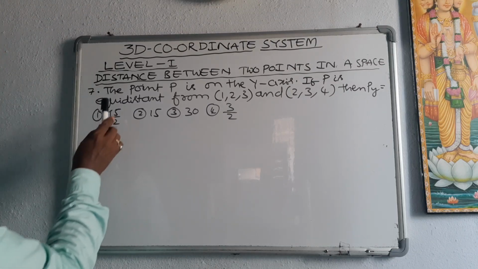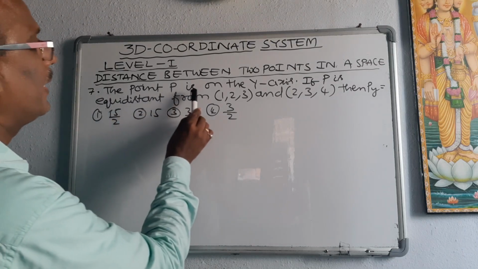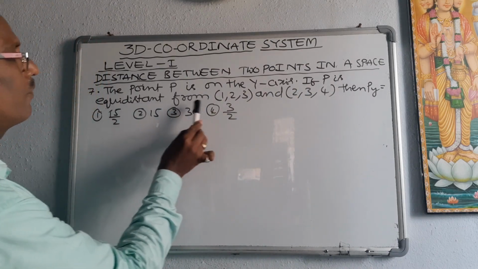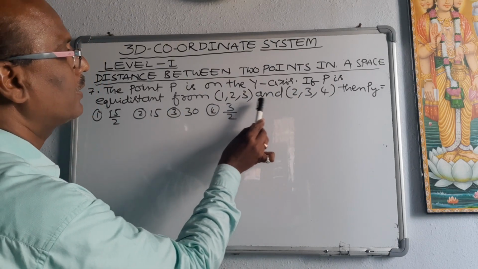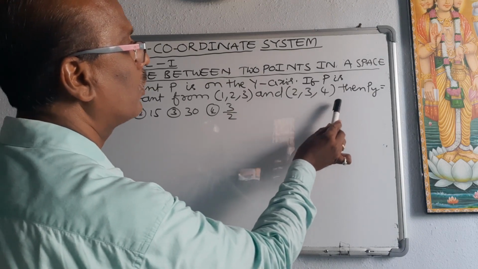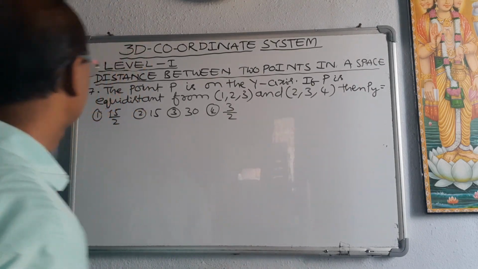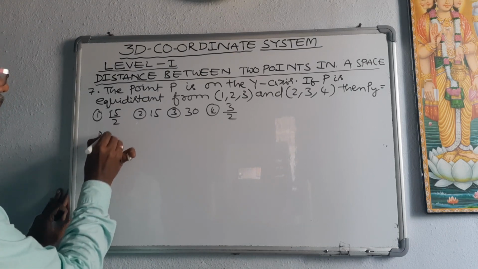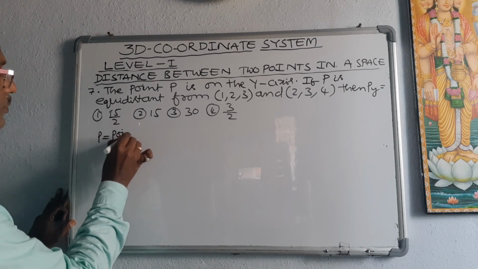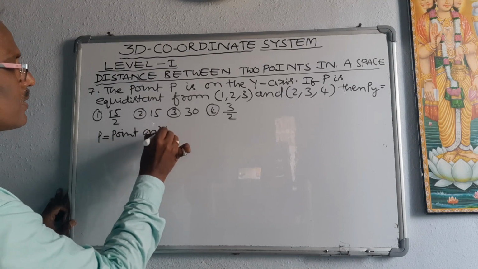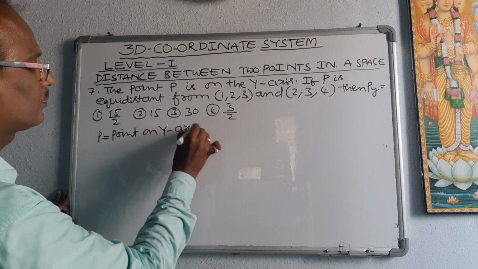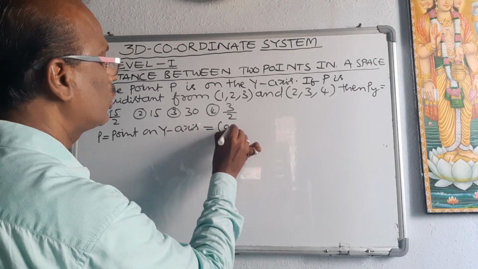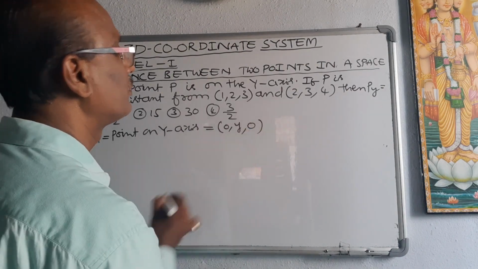Question number 7. The point P is on y-axis. If P is equidistant from 1 comma 2 comma 3 and 2 comma 3 comma 4, then Py. P equal to point on y-axis, that equal to 0 comma y comma 0.